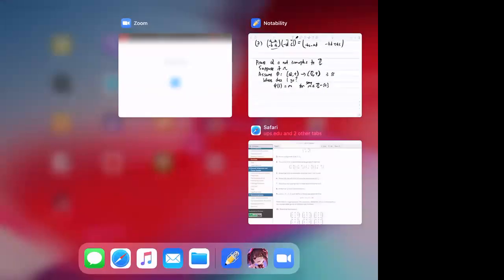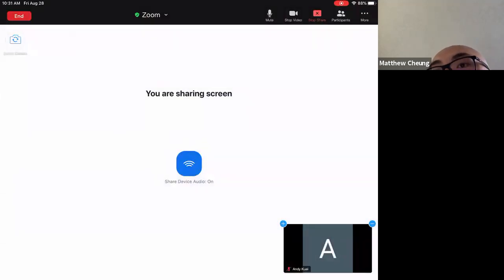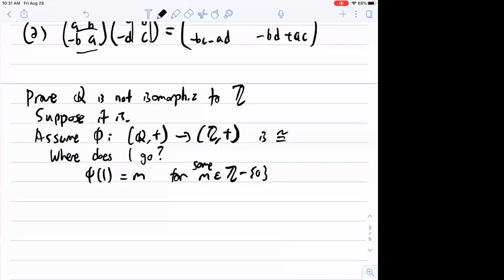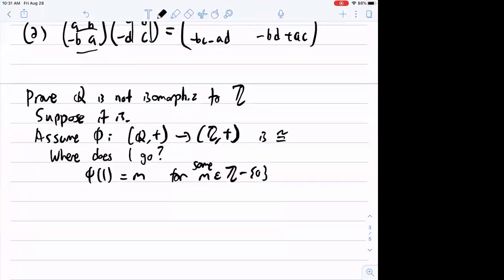So why can it not be 0? Let me ask that as a first question. Why can 1 not map to 0? What is 0 in this case? 0 is the identity, correct? And we must map identity to identity.